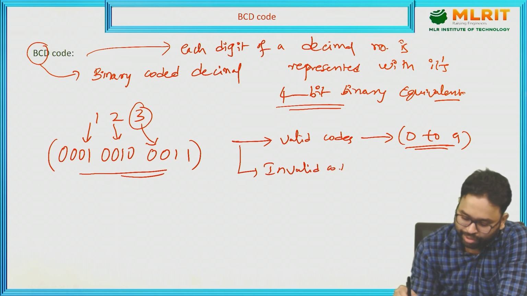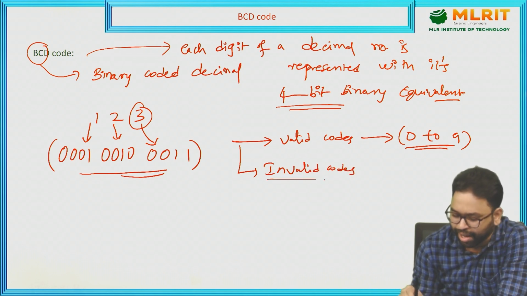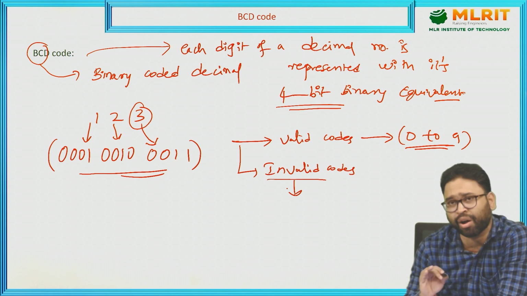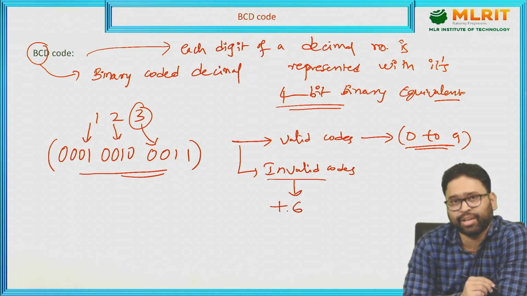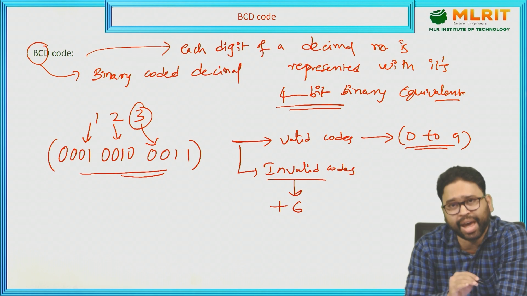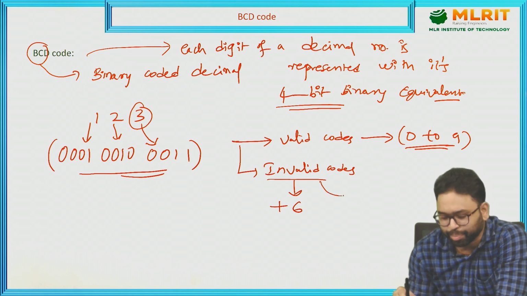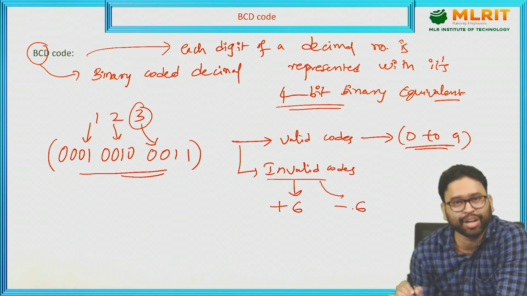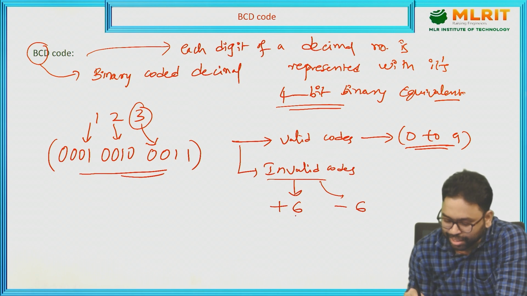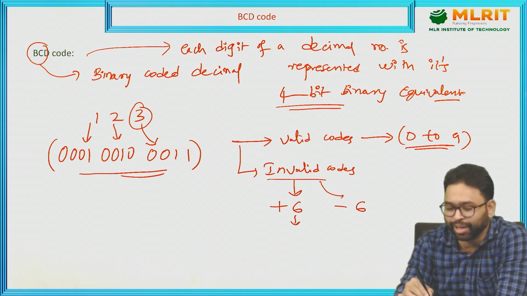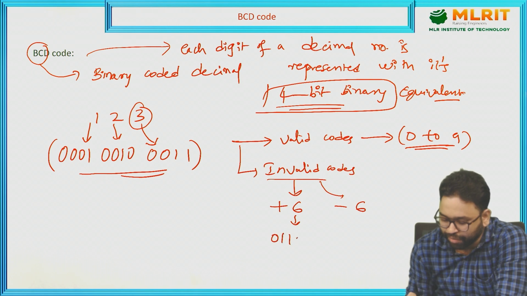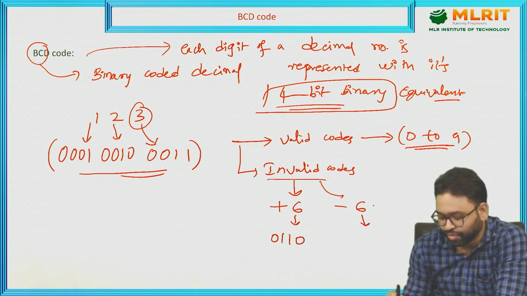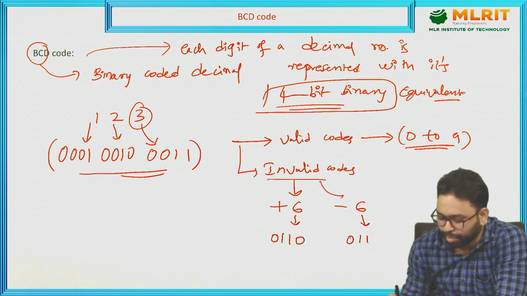To correct the invalid codes into valid codes, you are always supposed to add 6. If you're performing addition, you're supposed to add 6. For performing subtraction, you're supposed to subtract 6. That 6 is represented again with its 4-bit binary equivalent, which means 6 is 0110. And in case of subtraction, you're supposed to subtract 0110.